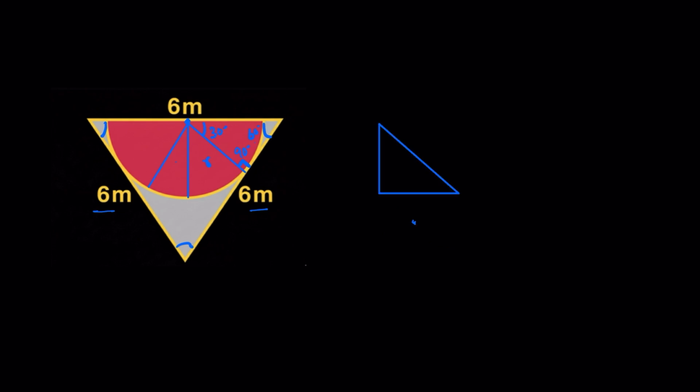Let's say the center is P, this is Q, and this is R. We have a triangle where angle P is 30 degrees, R is 60 degrees, and Q is 90 degrees. So this is a special triangle with the ratio 30, 60 and 90 degrees.